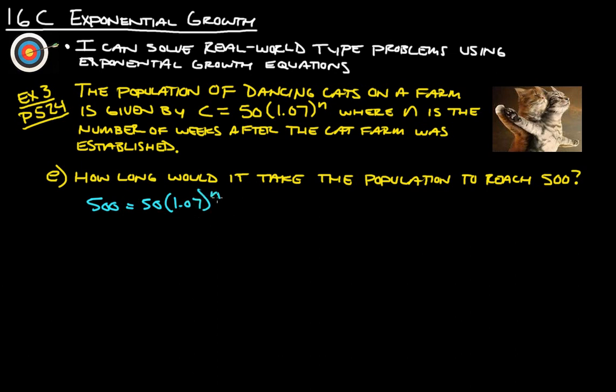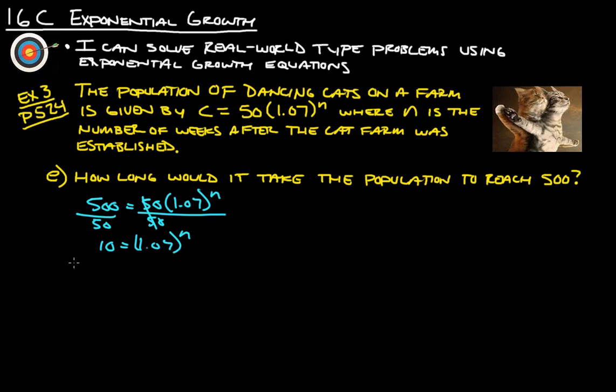Now we have an exponent that we're looking for as our variable, so the easiest way to do that is to use logs. First we get rid of the 50, so we divide both sides by 50, and we get 10 equals 1.07 to the n. As a sidelight, this 10 means the multiplier by which the population has increased. So when is it going to be 10 times bigger than it originally was? Because 50 times 10 is 500.